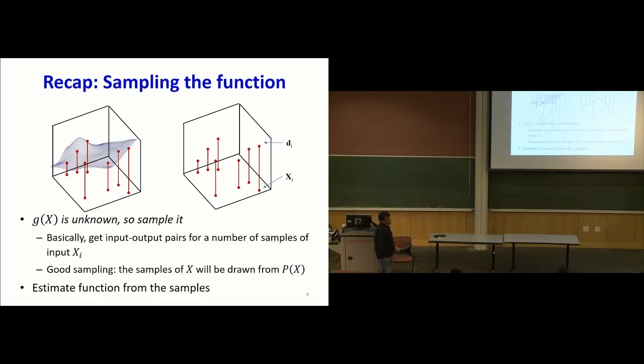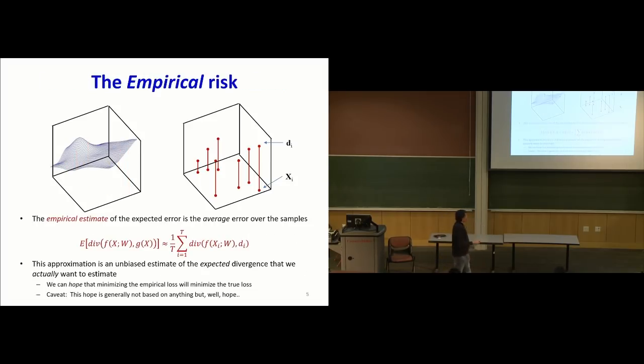And then we'll estimate the function from just these samples. We don't have the entire function g(x). We're going to estimate the function from these samples, so as to get an estimate of the expected divergence between the true function and what the network is actually computing.